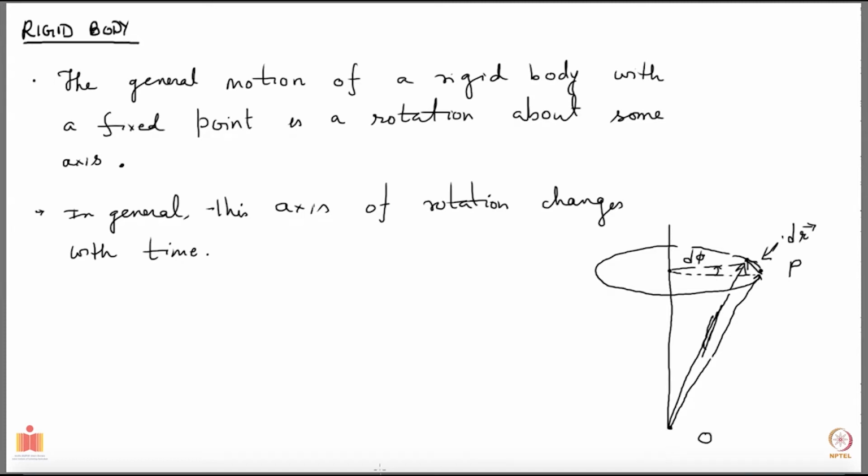If your body is rotating counterclockwise and covers an angle d phi, then you can check, it's not a difficult exercise, that the displacement dr is given by the vector d phi cross r. And what is d phi? d phi is defined to be a vector.